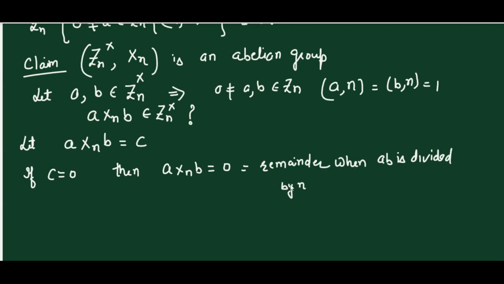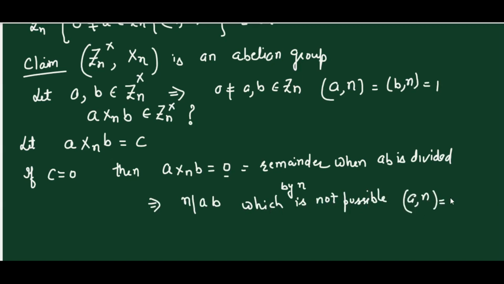It means you have divided AB by n and you are getting remainder 0, and this implies n completely divides AB, which is not possible. Why is it not possible? Because a and b both are co-prime to n. Therefore n cannot divide their product. So this establishes that c cannot be 0.